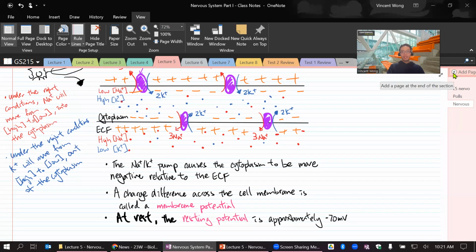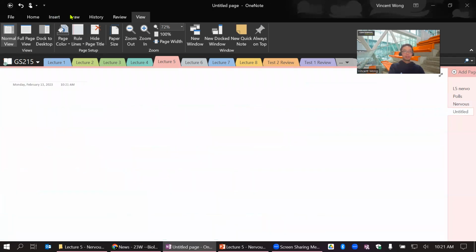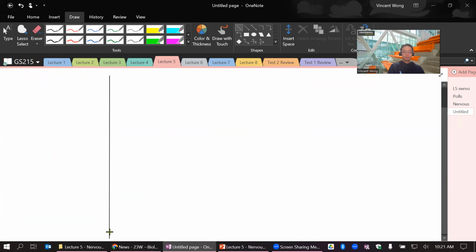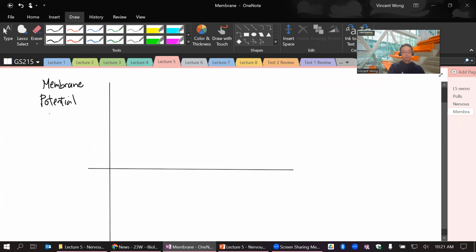So on that second piece of paper that I asked you to have, we're going to draw a graph. Big graph. That's the y-axis, that's the x-axis. This is going to be membrane potential, measured in millivolts.